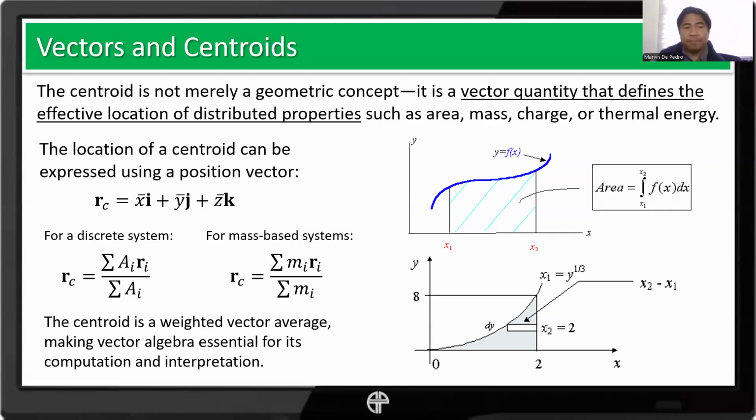We can incorporate this concept into our equations earlier in the previous slide, for analyzing discrete systems and mass-based systems. The centroid is a weighted vector average, making vector algebra essential for computation and interpretation.